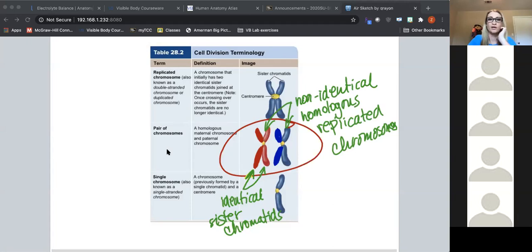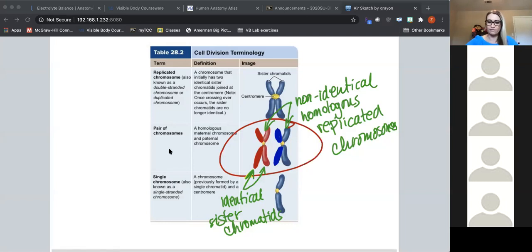So again, red and blue, non-identical. The two red pieces, identical to each other. The two blue pieces, identical to each other. But the red and blue are not identical because one comes from mom, one comes from dad, and hopefully you know that mom and dad don't have the same genes, right?